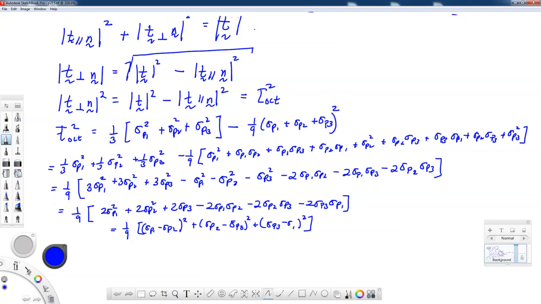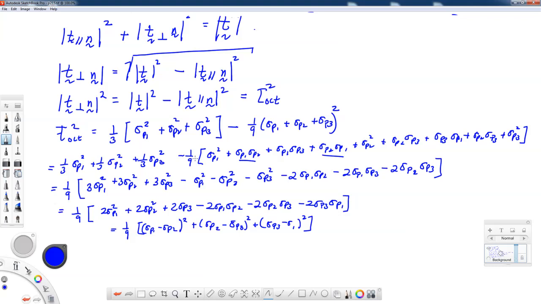Alright, so we do some algebraic manipulations. We collect the principal stress terms squared, and we also collect common cross terms like sigma p2 sigma p1 plus sigma p1 sigma p2. Let me take a look, make sure I've got it. Like this term and this term are the same, so we're collecting them.